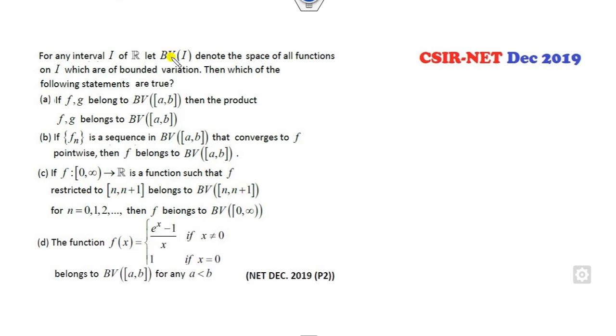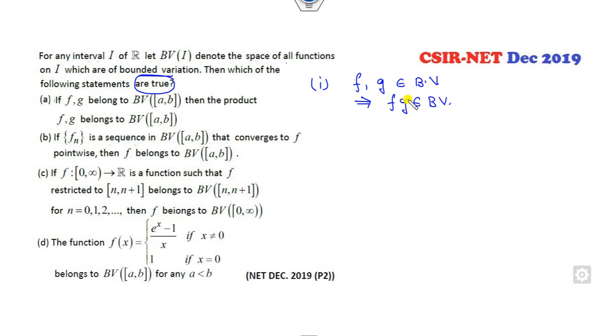Okay, look at this another one. For the interval I, BV represents the bounded variation. Which of the following statements are correct? Okay, the first option is, if f and g are of bounded variation, then fg also belongs to the bounded variation. Fine. Is it true?